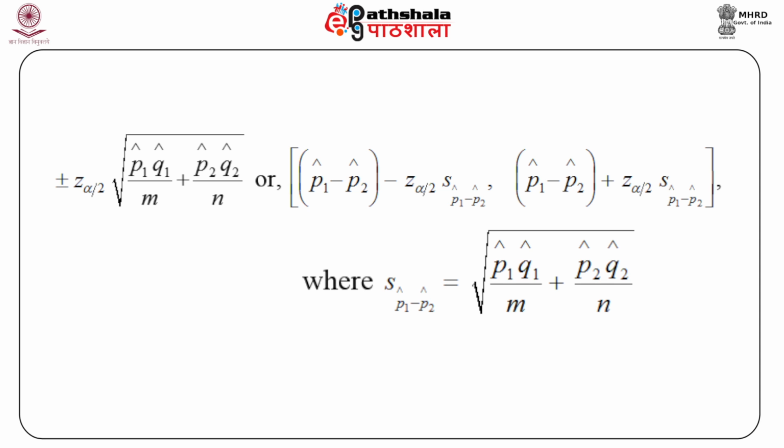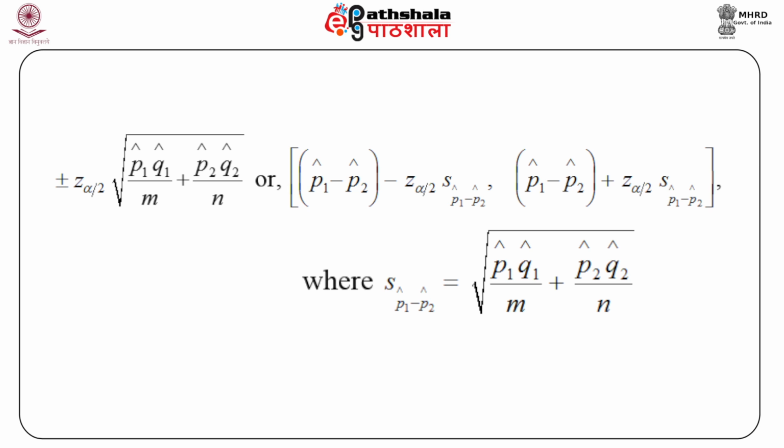Or it could also be written as P1 hat minus P2 hat minus Z alpha by 2 into S P1 hat minus P2 hat. This P1 hat P2 hat is in the subscript, which means we are talking about the standard deviation or the standard error of P1 hat minus P2 hat.